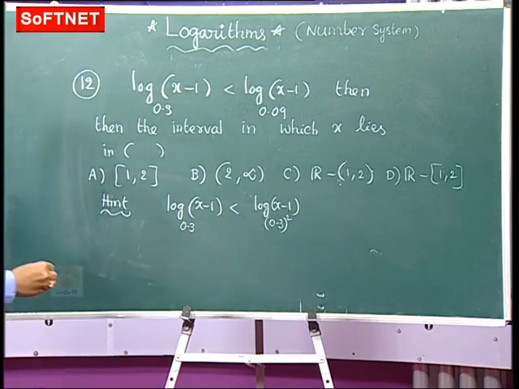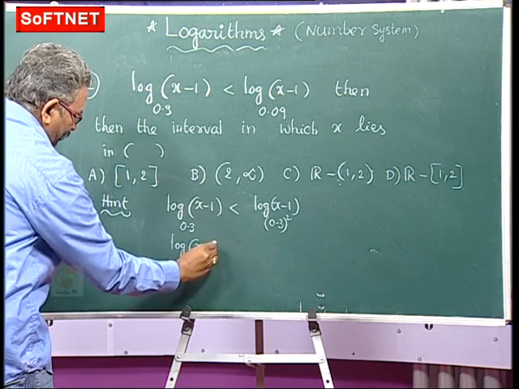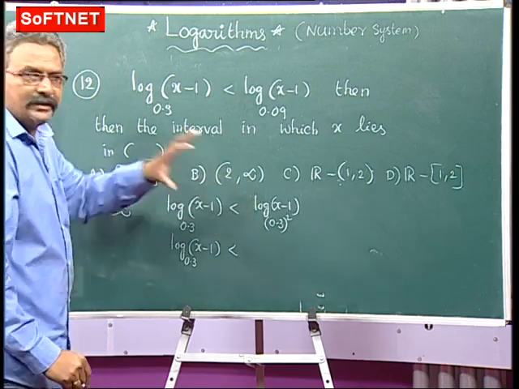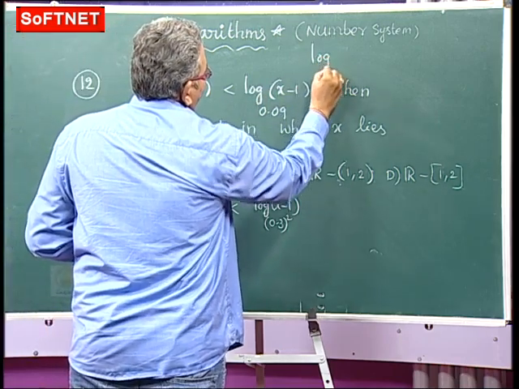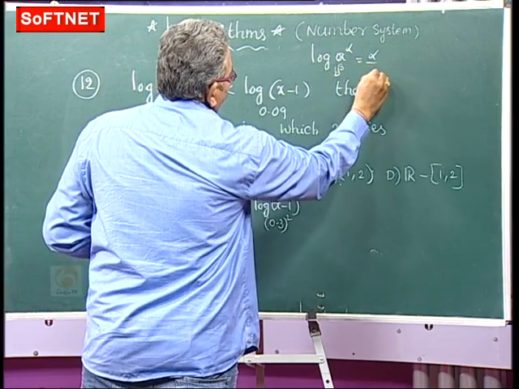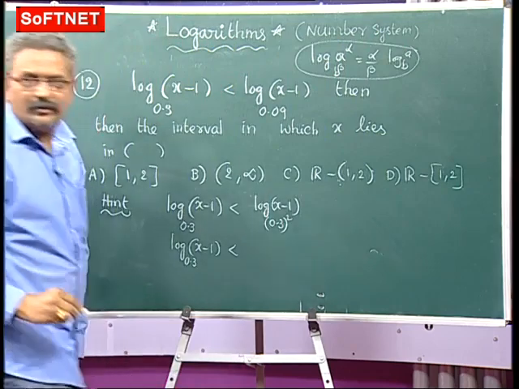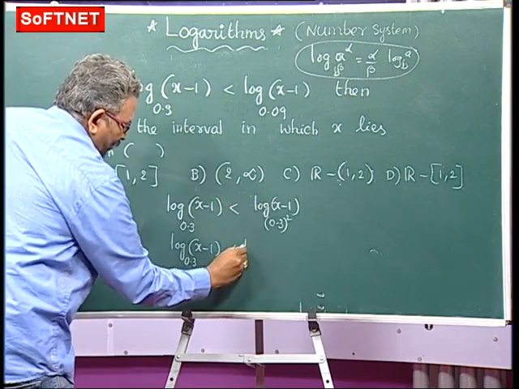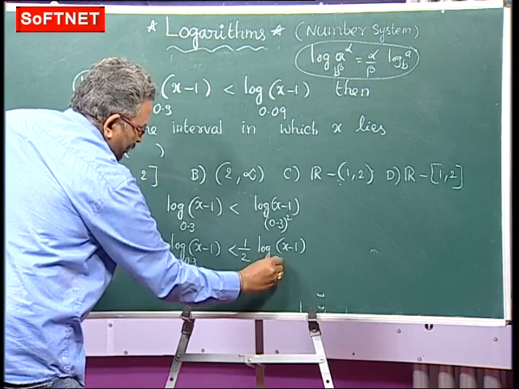Now this can be written log of x minus 1 to the base 0.3 less than, so using the formula, already we have discussed this formula, log a to the power of alpha to the base b to the power of beta, alpha by beta log a to the base b. Using that formula, this can be written as 1 by 2 log of x minus 1 to the base 0.3.